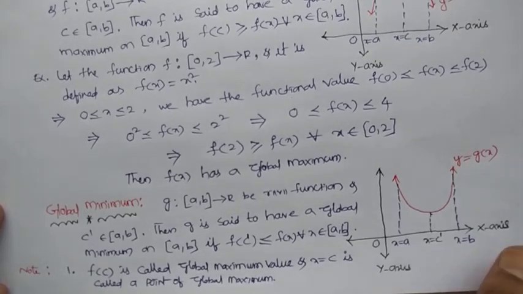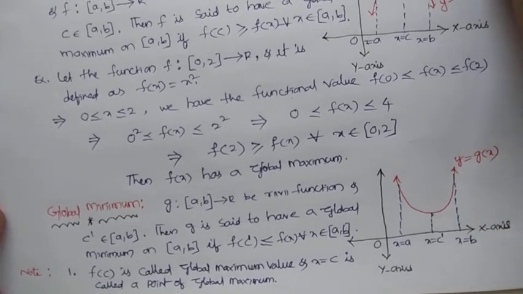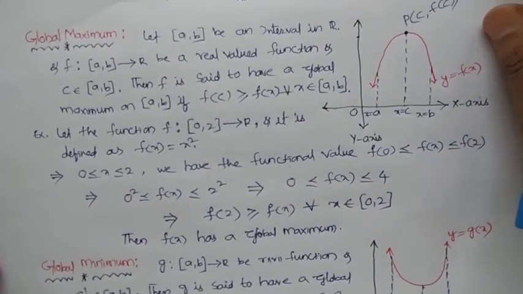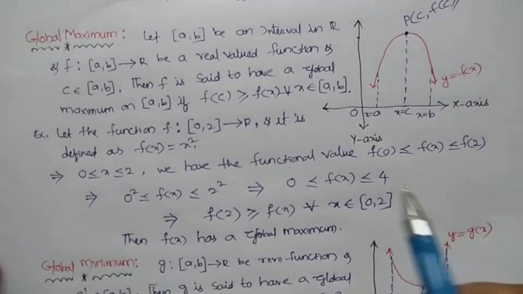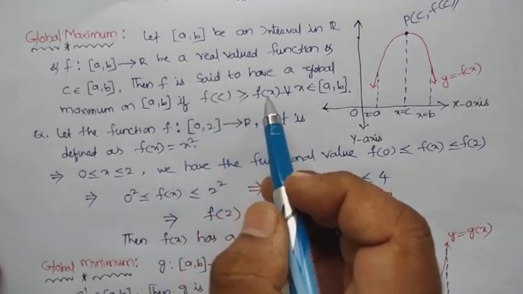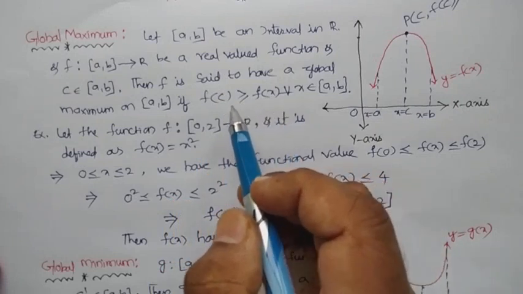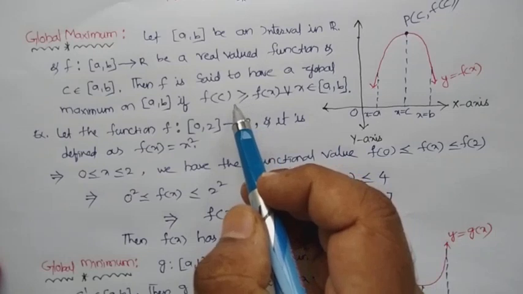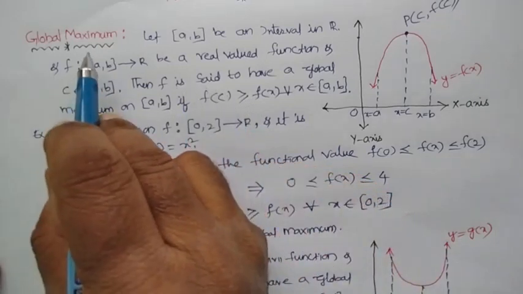Once you observe the condition, whenever a function has a global maximum, the condition must be that f of c is greater than or equal to f of x. Whenever this condition holds, we can say the function has a global maximum.